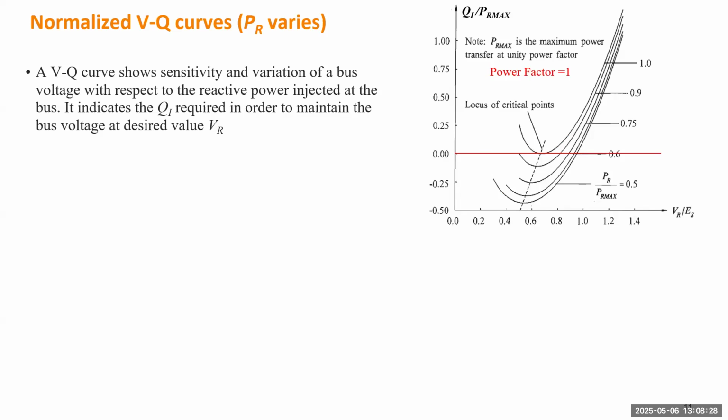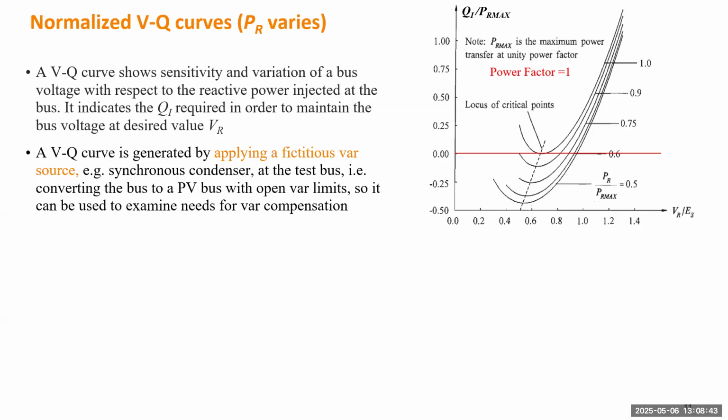All right, so just to summarize, the VQ curve shows the sensitivity and variation of a bus voltage with respect to the reactive power injected at the bus. They indicate the QI required in order to maintain the bus voltage at the desired value VR. A VQ curve is generated by applying a fictitious var source, because here you study what var source can potentially increase voltage to the desired value.